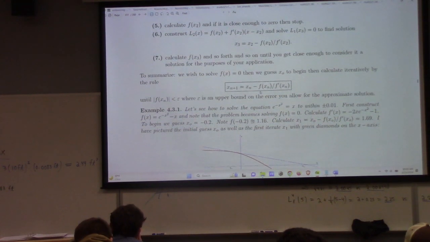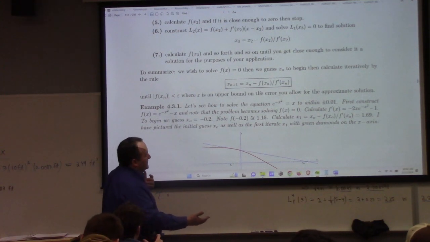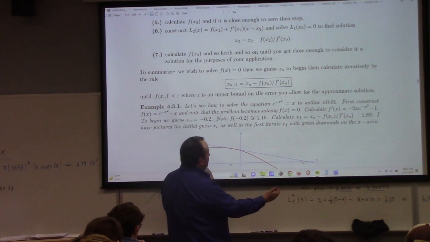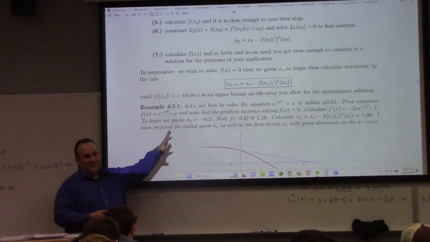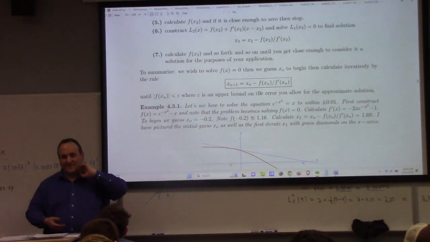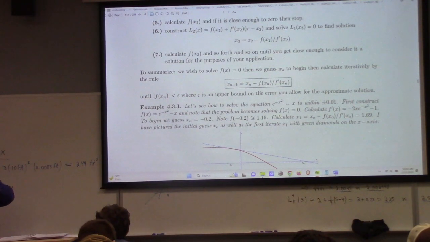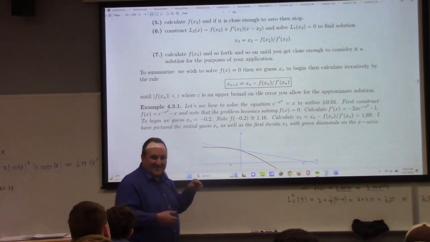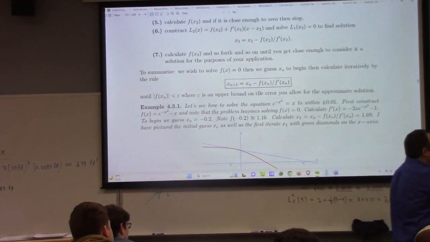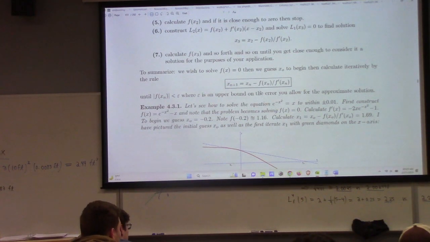But anyway, the formula for the n plus 1th term: you take the nth x and you subtract the value of the function divided by the derivative, right? By the way, this method fails if what? If f prime of xn is 0. That's part of what was wrong with my example over here, right? The fact that there was a place where the derivative is 0 is exactly what was getting us into trouble over here.